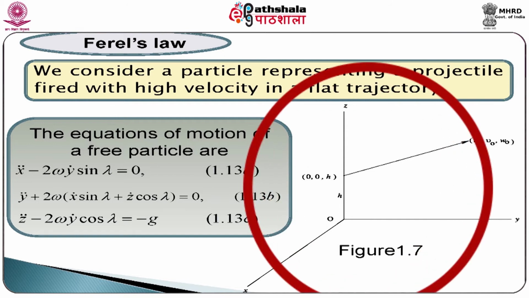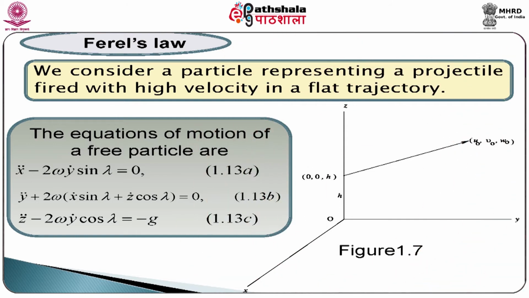This is the figure. From this you can find that the particle is projected from the point 0, 0, h, that is, the point is on the z axis, the height above the horizontal is h, and the projection velocity is u0, v0, w0.